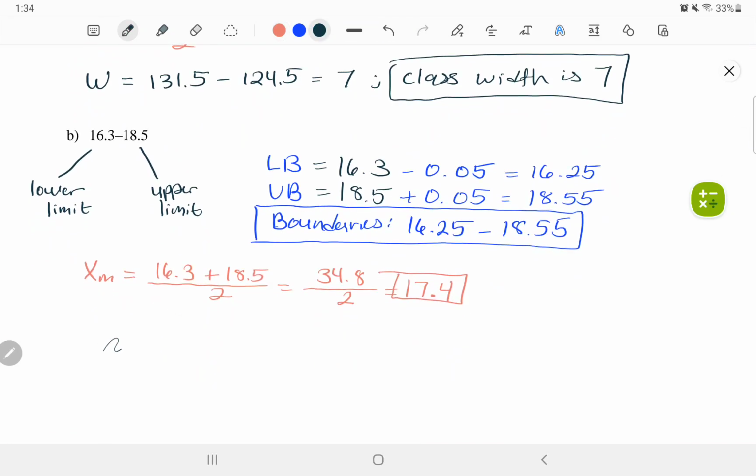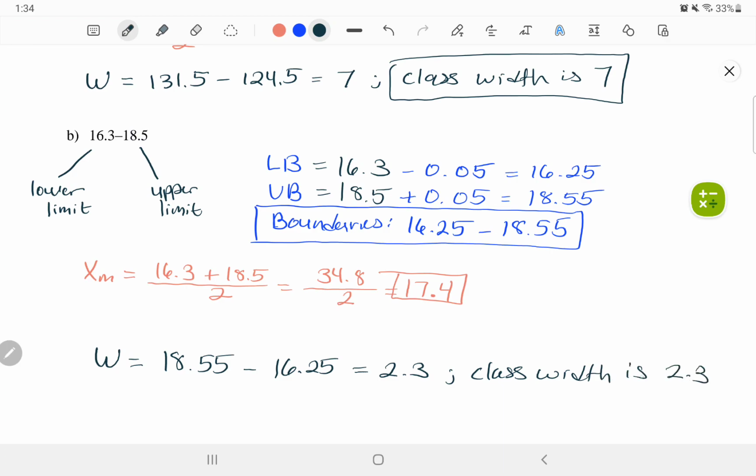And to find the class width, it is the upper boundary, 18.55, minus the lower boundary, 16.25, and that's going to equal 2.3. So my class width is 2.3.